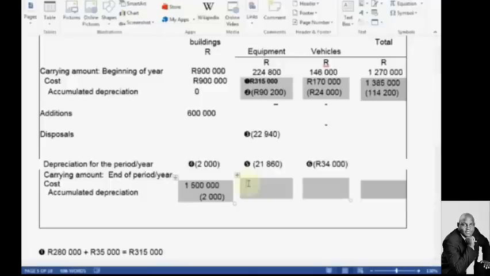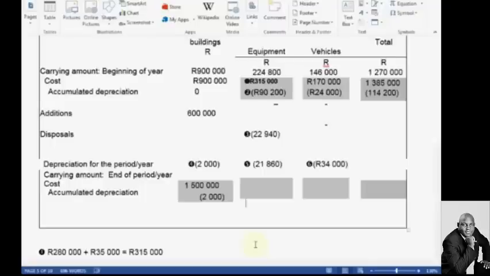And then the next thing is we need to find the carrying amount, which will come up here first. I'll get that first, and then I'll get the cost, and then you see it will be easy to work out the depreciation. Okay, so the cost, it's going to be the cost price at the beginning of the year, right?